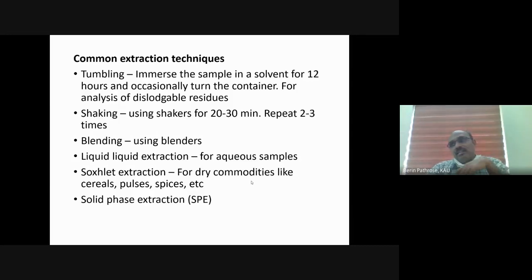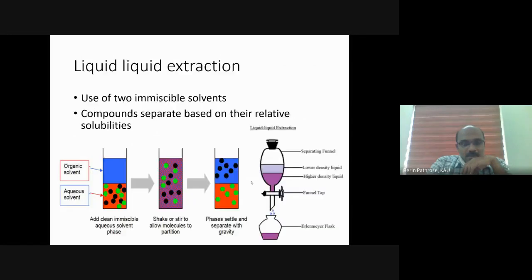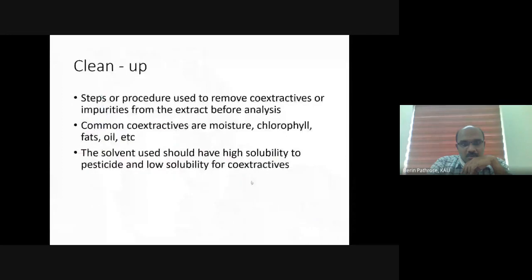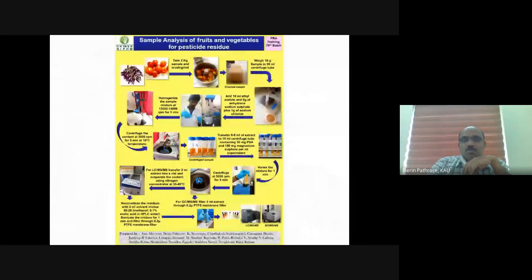Then the third method is blending using blenders. We have a blender called a homogenizer. I think I have a picture of it. Can you see it over here? We have a small instrument here, this part.